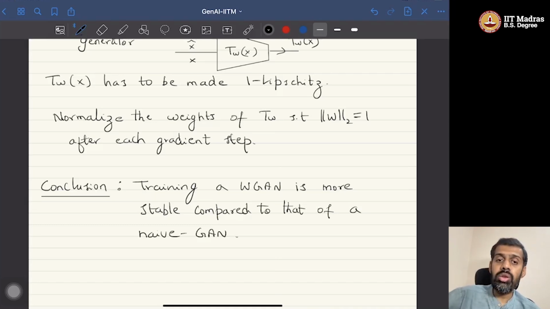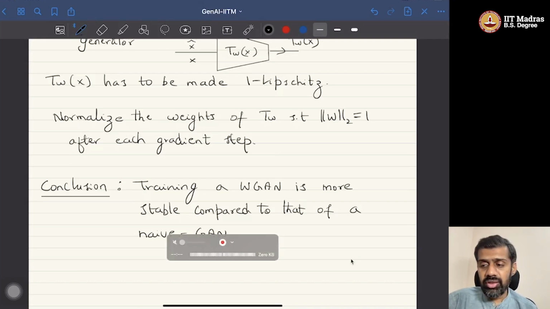This is the conclusion. So it's always advised that one use the Wasserstein formulation, or Wasserstein GAN or WGAN, while trying to build a GAN for whatever applications there are.